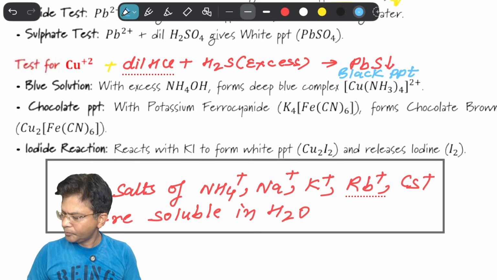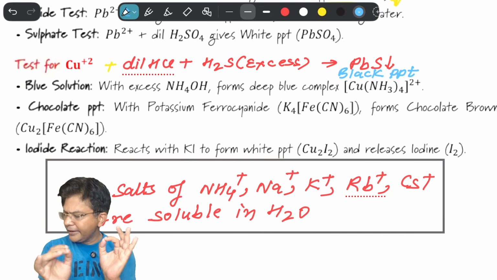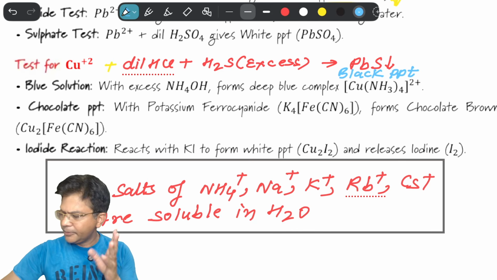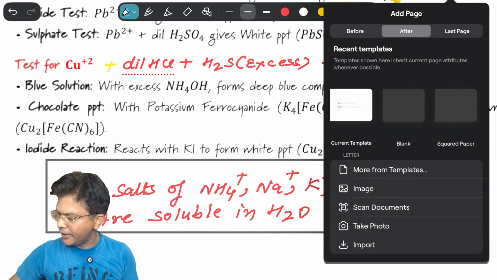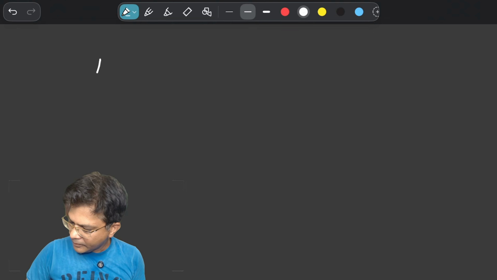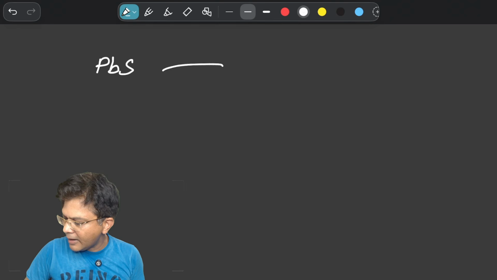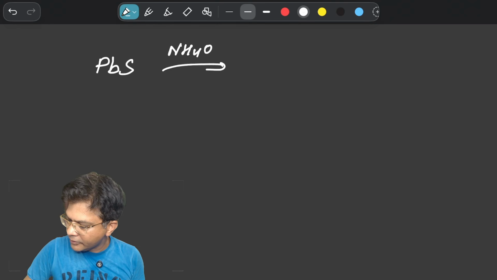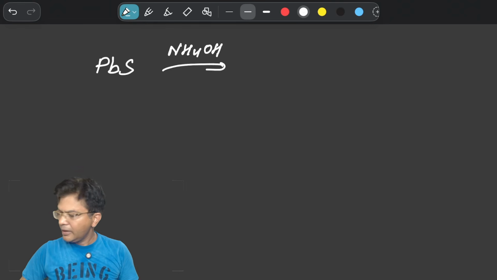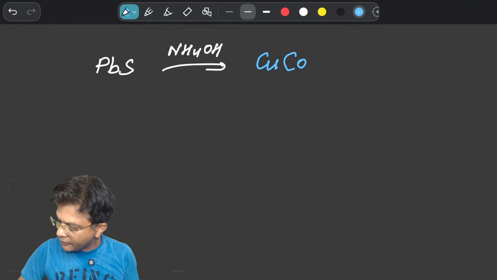Now see, CuS is a black PPT. When you add ammonium hydroxide, my dear students, it will form a light blue PPT of Cu(OH)2.